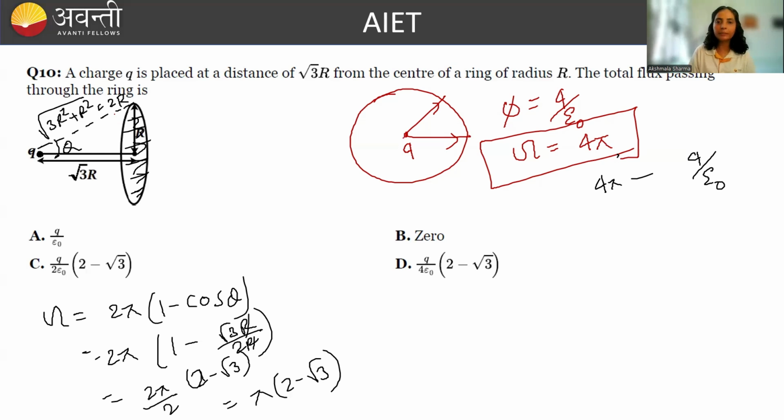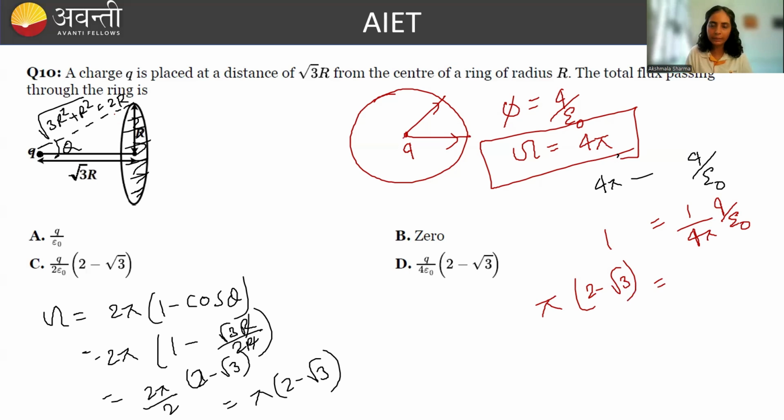Now use the unitary method. For 4 pi, Q by epsilon naught is the flux. For unit angle, it will be how much? 1 upon 4 pi times Q by epsilon naught. So for this much angle, pi times (2 minus root 3), how much flux will pass?